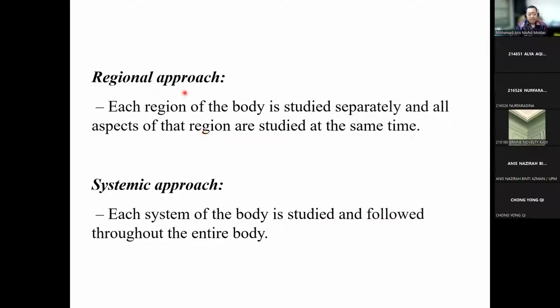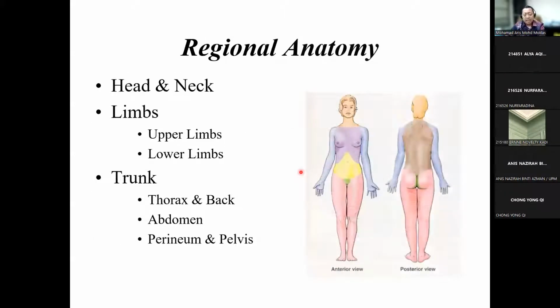As mentioned earlier, in the regional approach, each region of the body is studied separately and all aspects of the region are studied at the same time. Whereas for the systemic approach, each system of the body is studied and followed throughout the entire body. So regional anatomy can be divided into regions, for example, your head and neck.